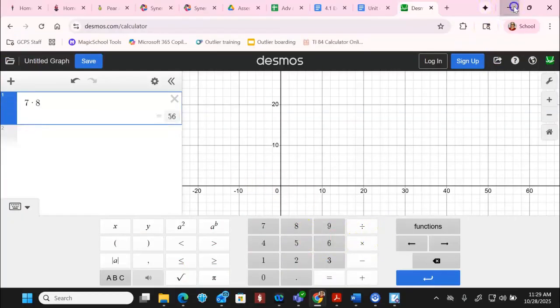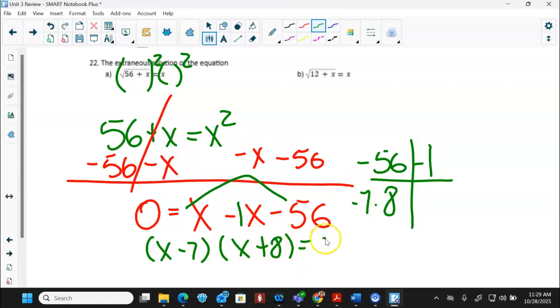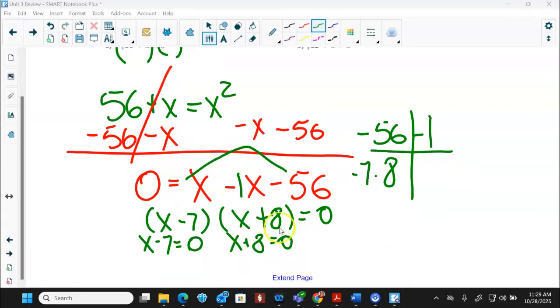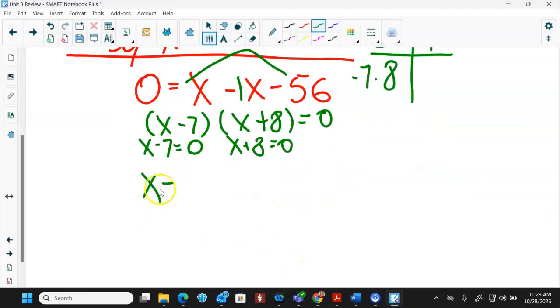Yes, 7 and 8. So we will get 7 and 8. 7 times 8, and of course, to get -1, 7 has to be negative. So we would get x minus 7 and x plus 8. We will set them equal to 0. So x minus 7 will equal 0 and x plus 8 will equal 0. And we would solve it. Okay. So we would get x equals 7 and x equals -8.